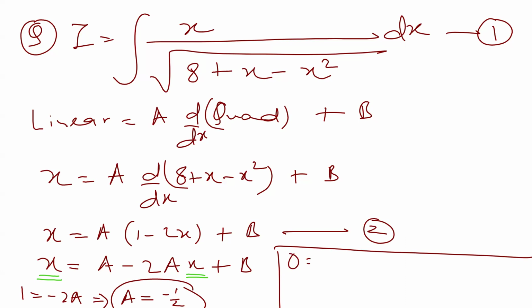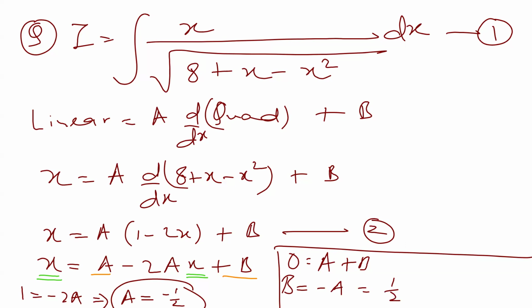And non-x terms in the right-hand side is a plus b. So a is equal to minus b, or b is equal to minus a. From this a plus b equal to 0, so b equal to minus a. So a is minus half, so b will be half.